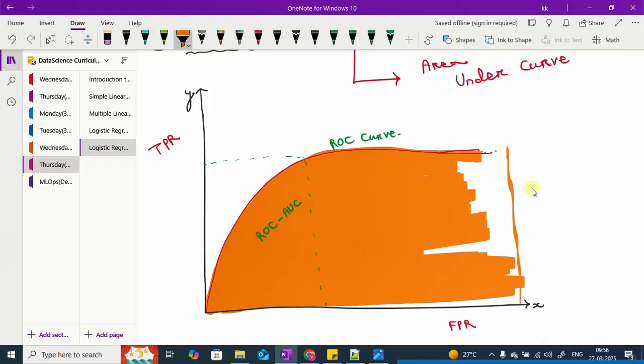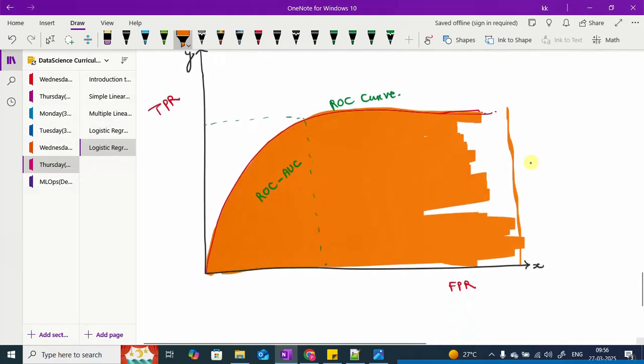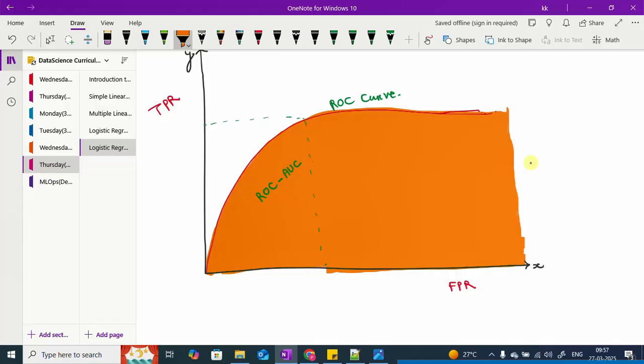The area under this. Getting my point, guys?